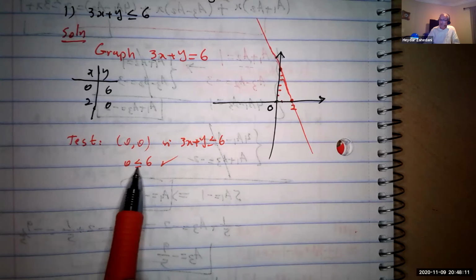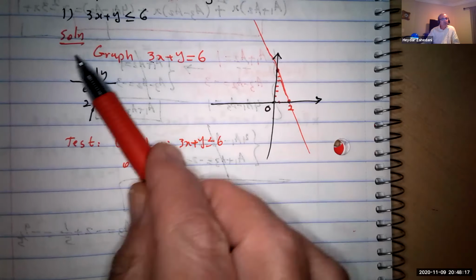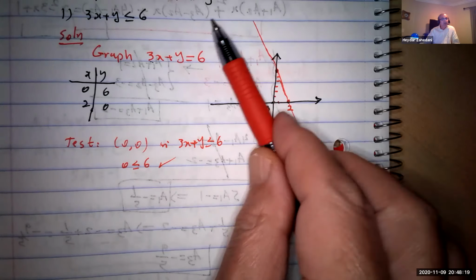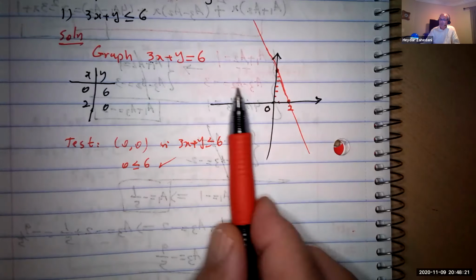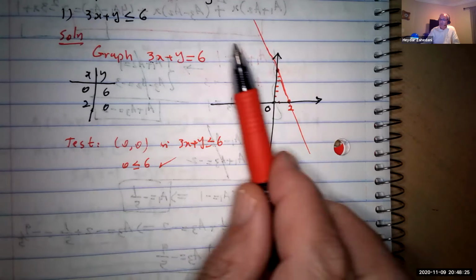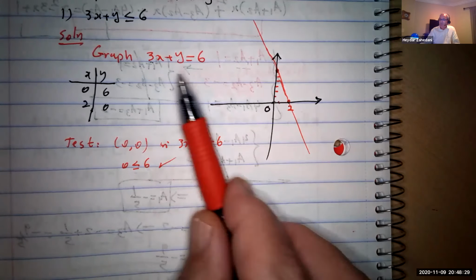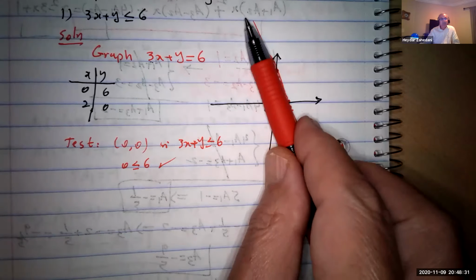So since it's true, you check to see where is the origin. Origin is below the line. So the solution to this line is going to be the lower part. Okay, you check the 0, 0. If 0, 0 satisfies, this means 0, 0 is in the solution region. So in this case, the origin is below the line.